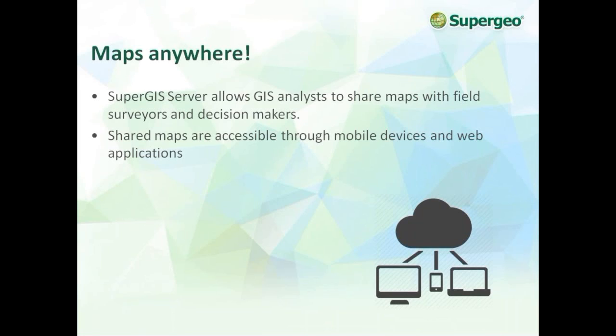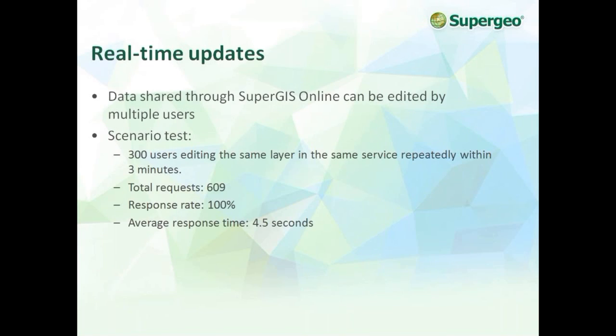You don't have to keep local copies on every device. You just have one centrally managed system on your server, so you can easily manage your data and share it with different users using mobile devices or web applications. You can also have real-time updates from multiple users.